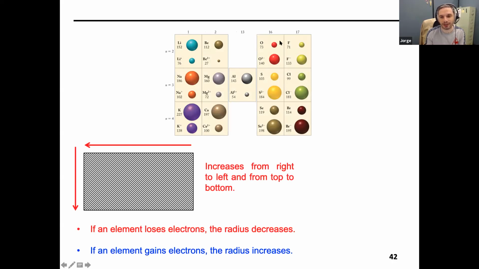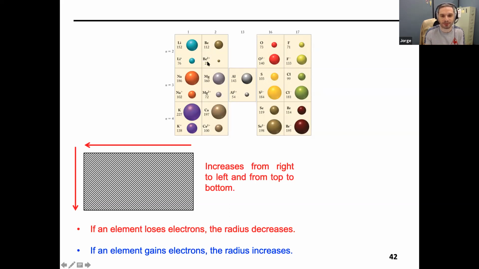On the other hand, when electrons are added, let's see the case of fluorine, which started with 71. Now one electron was added, the attention of the nucleus is diluted, resulting in an increase of the radius to 133. Okay, so it's all about how strongly the nucleus can pull the electrons closer.